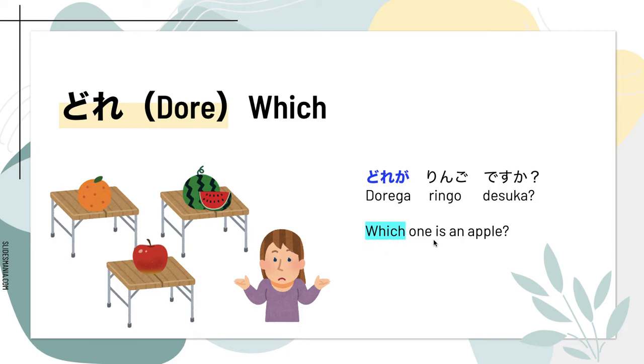So she says, "which one is an apple?" Which means どれ. So in Japanese we would say どれがリンゴですか?